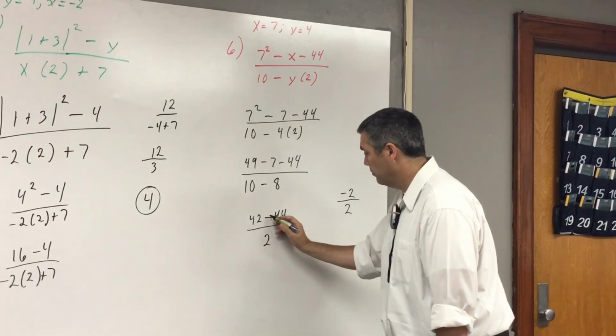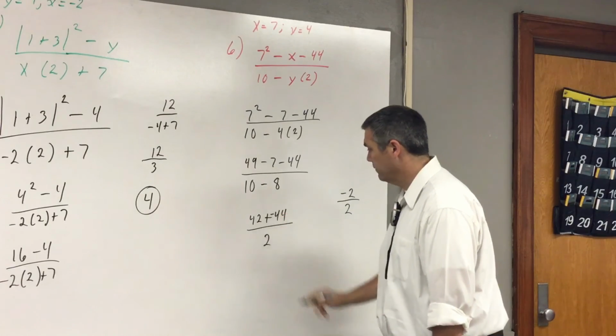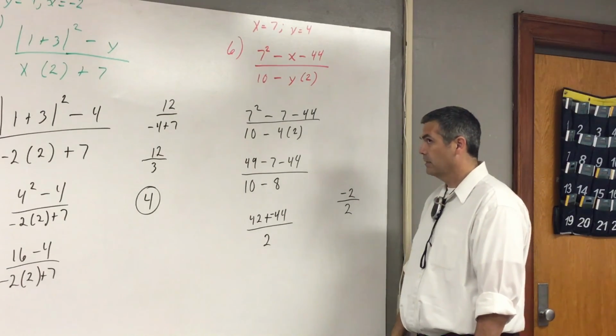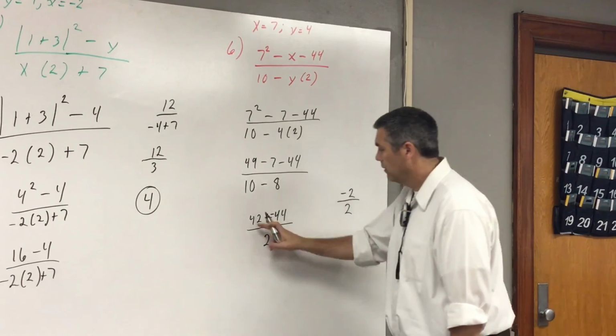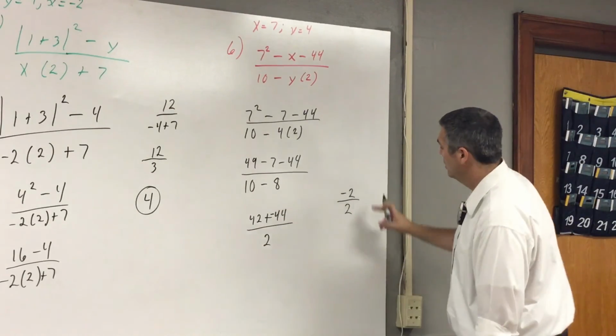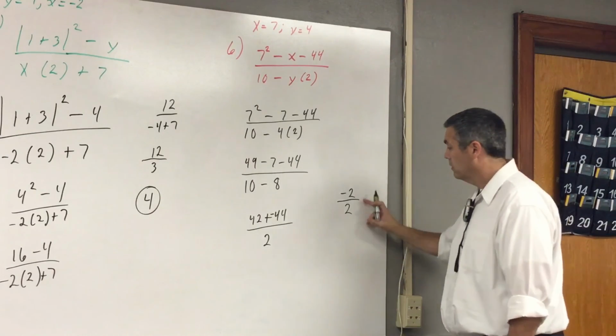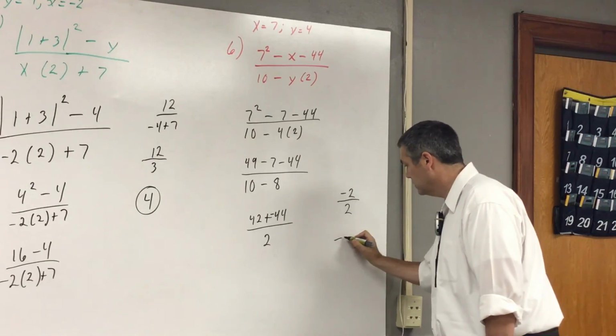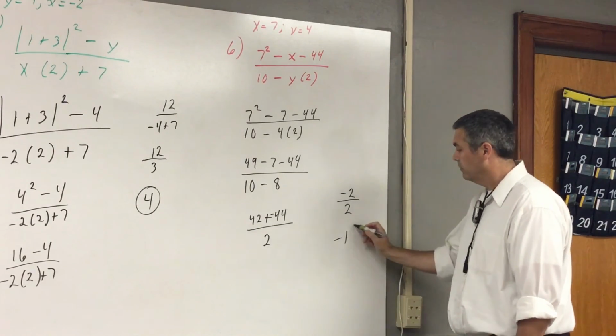You can come in here, you add its inverse. Did I say that right? Yeah. 42 plus negative 44, right? Gives me negative 2 over 2, which gets me negative 1. And there we have our answer.